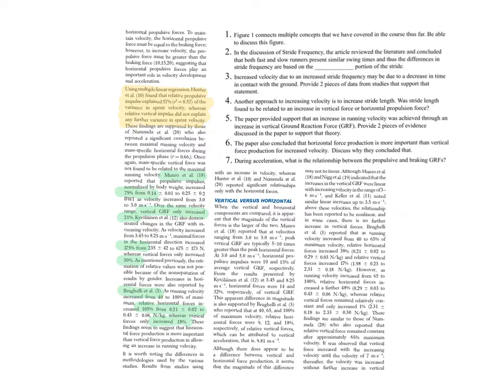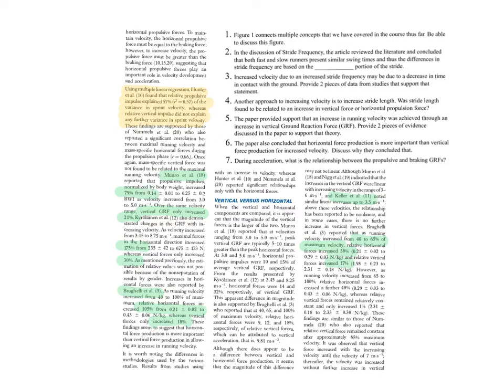Then they broke down the data a little bit more, and a paper by Kellis et al. looked at different speeds, right, from 40 to 65% of max velocity, and then 65 to 100%. So when they were in the 40 to 65% of max velocity, the horizontal forces increased by 38%, the vertical only by 17%.